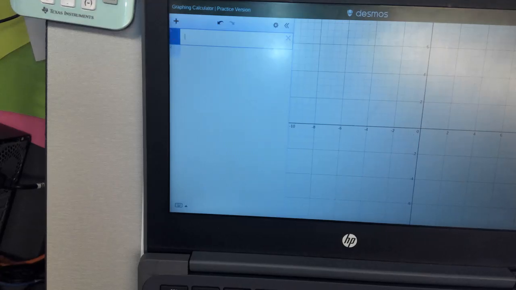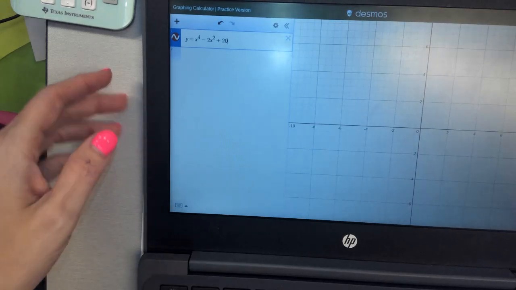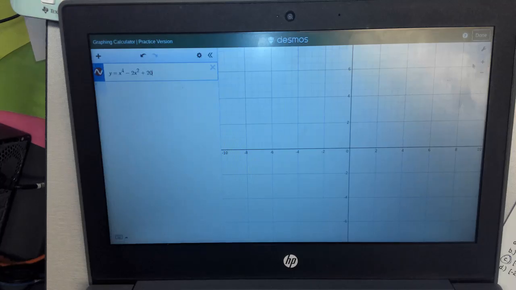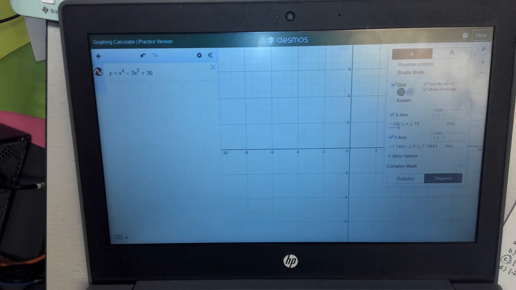And then you can just use y equals, and then it's x to the fourth power, arrow down, minus 2x squared, so to the second power, plus 20. Okay, and then to change your scale in decimals, we're going to use this little wrench here, and then it says x-axis.